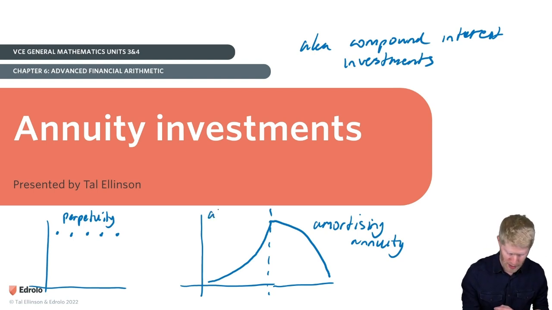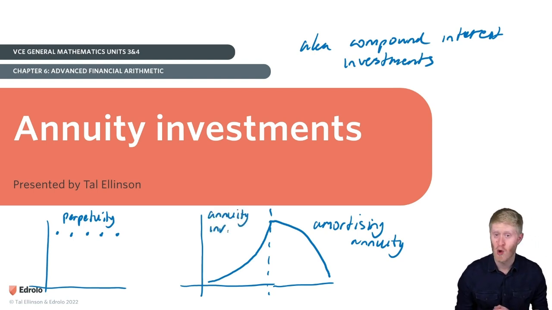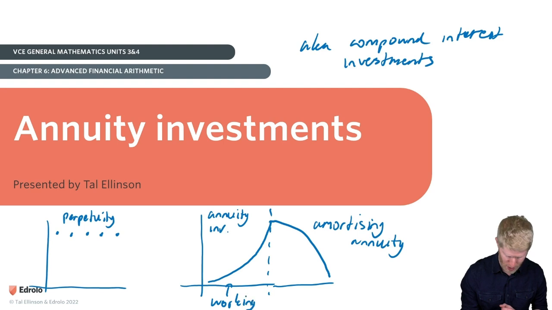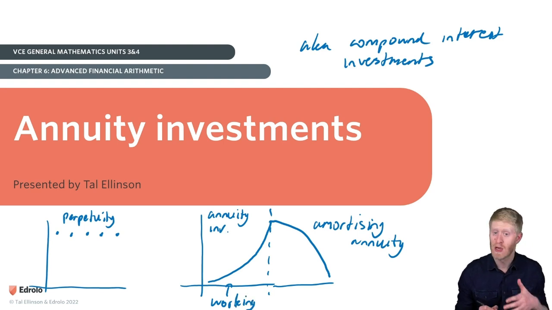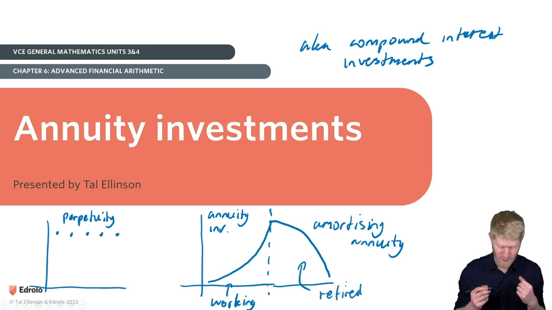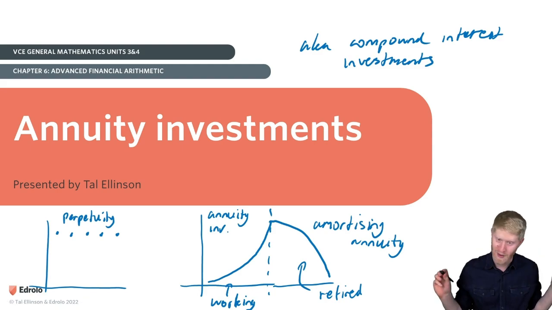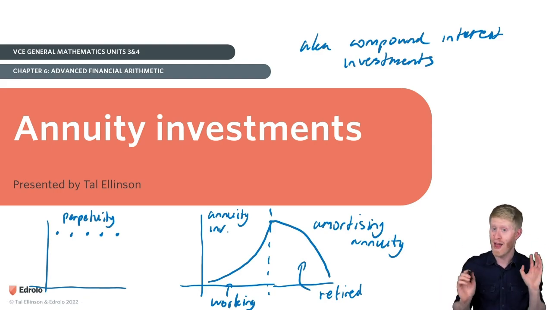This is an annuity investment. It's also called a compound interest investment, and it happens when we add more money to an investment account over our working life. We're depositing in. Later on, we've retired and we withdraw that money. They're both called annuities because they're both part of this bigger concept called superannuation.